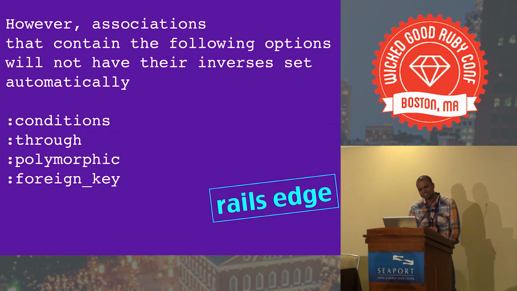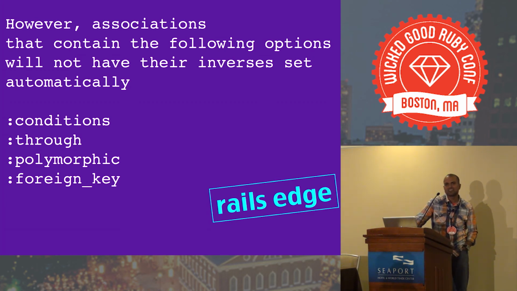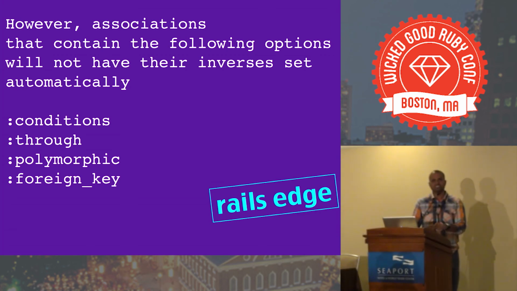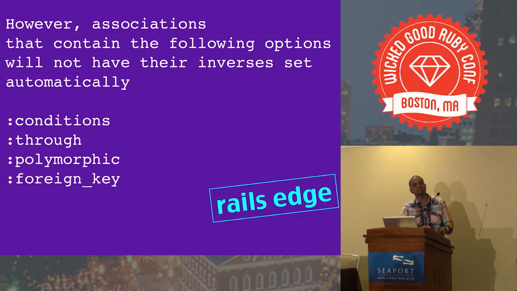However, associations that contain the following options will not have their inverse set automatically. So I have a code running in Rails 4.1 which has user has many posts, and lo and behold, if my code is relying on that behavior of InverseOf for that object, a user object, to be the same, if tomorrow I apply a condition, this automatic derivation of InverseOf will stop working.